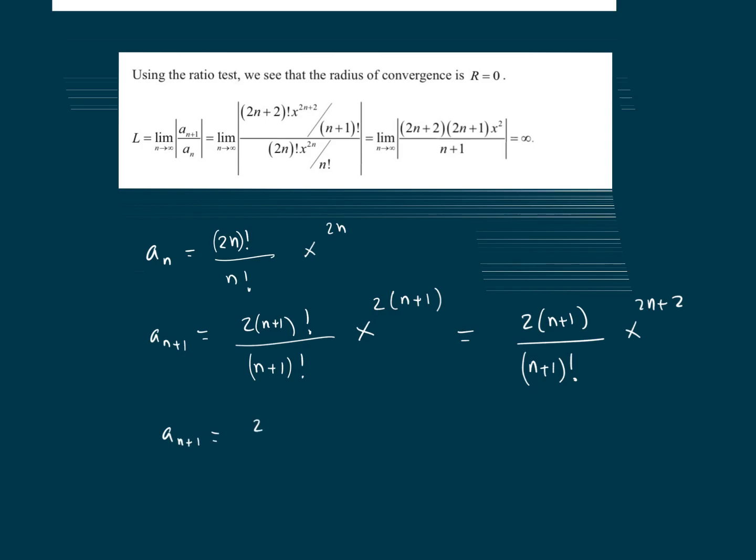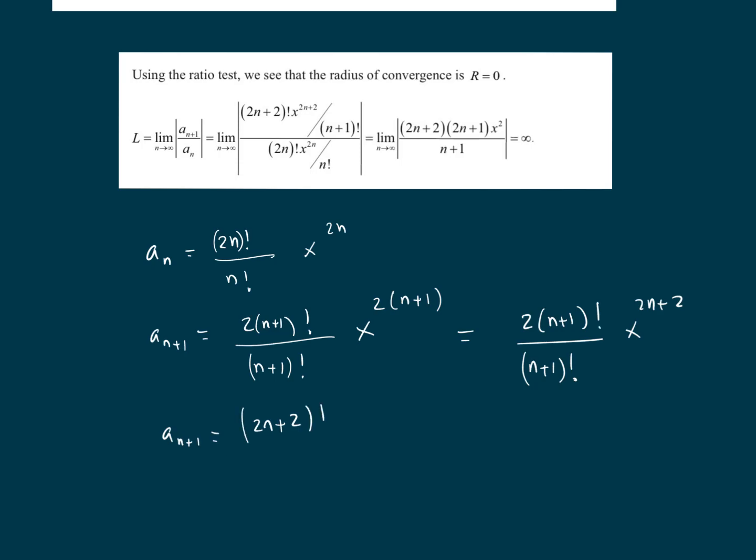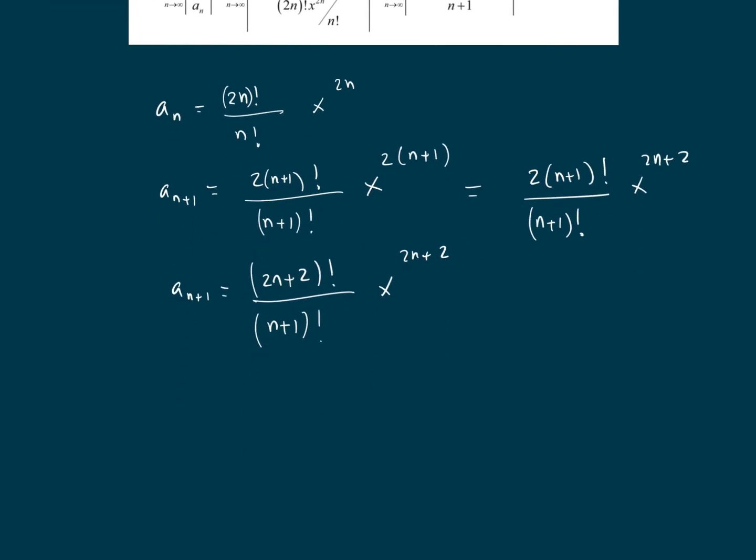So a sub n plus 1 is equal to 2n plus 2 factorial divided by n plus 1 factorial, x to the 2n plus 2. I have to do the limit of a sub n plus 1 divided by a sub n.